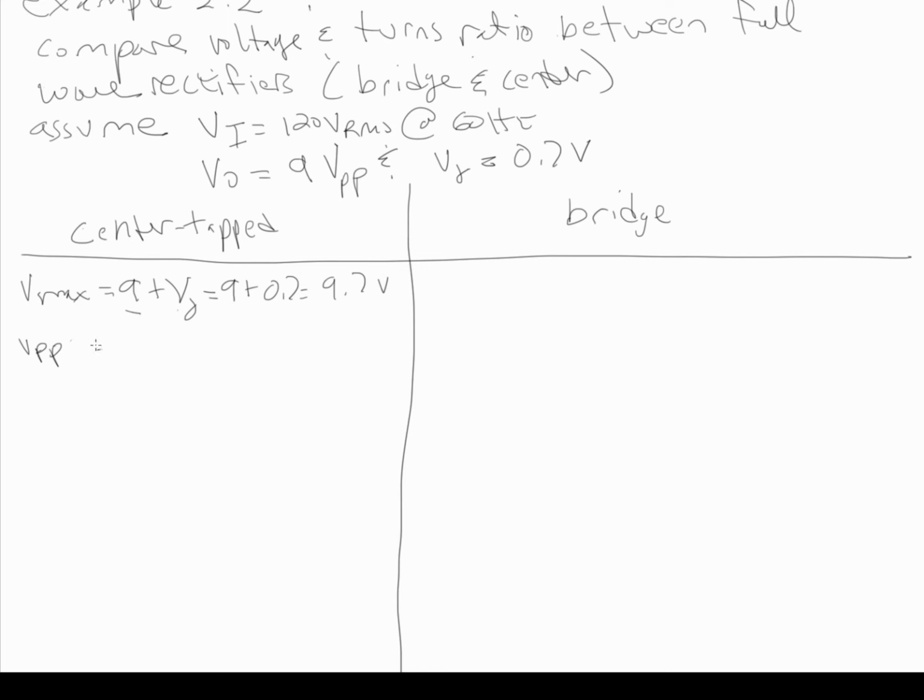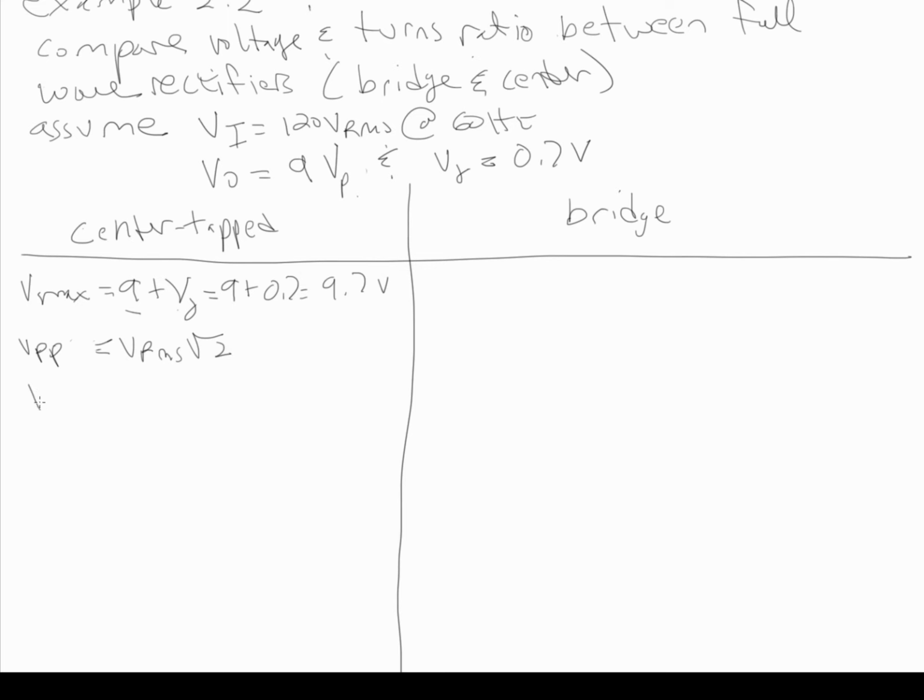Actually, the 9 volts, I guess they said it was V peak. So it's VRMS times the square root of 2, so you drop that square root of 2 if it doesn't have it.